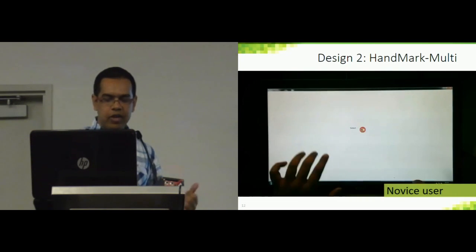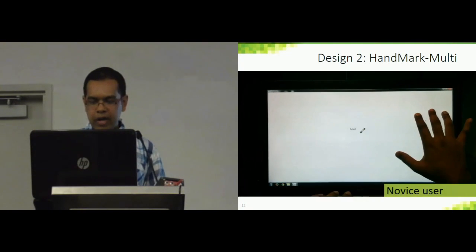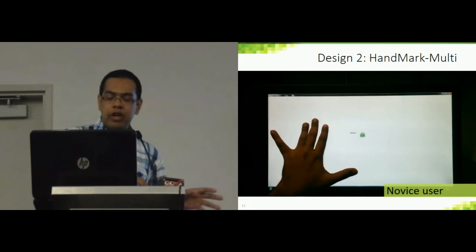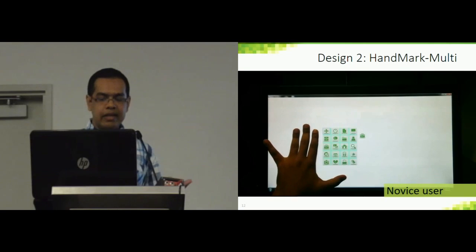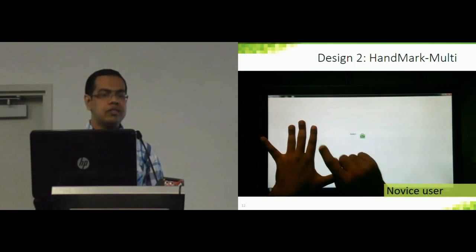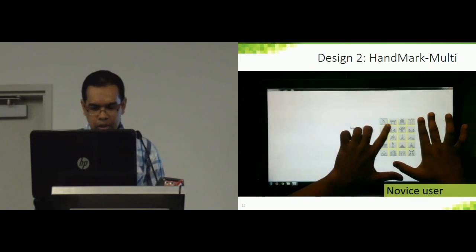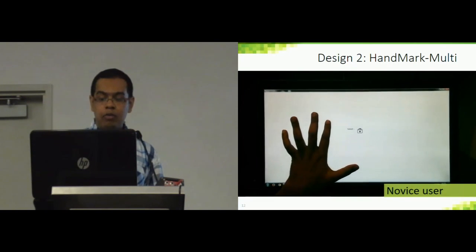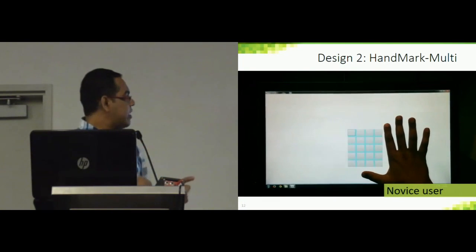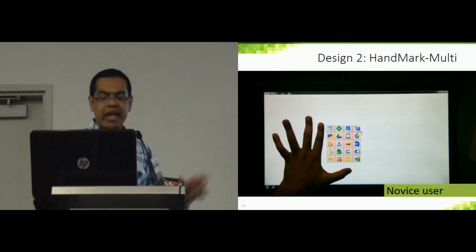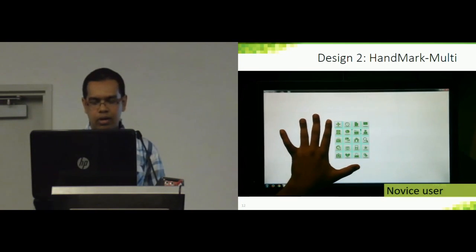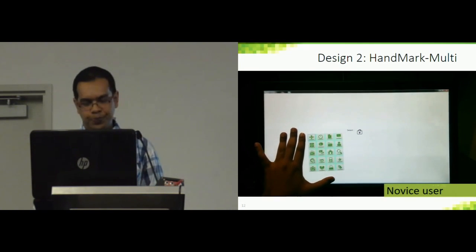As you can see in the video, different command sets are mapped to different numbers of fingers, and for 8 sets, there are 8 finger combinations. The technique requires a specific number of fingers along with the index and thumb from one hand in an L-shaped posture to access a particular set.